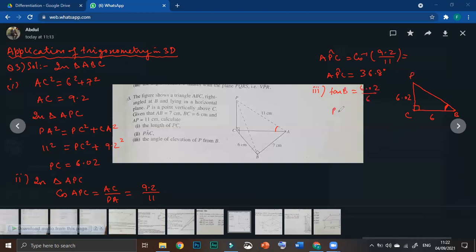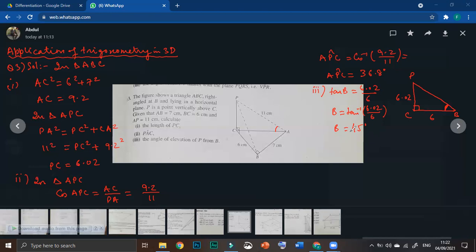What is the final answer? B is equal to tan inverse 6.02 over 6, which is 45 degrees. So this one is the angle of elevation of P from B.